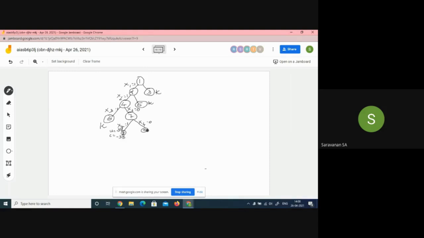So I'm not including x4 here, right? Then what will happen for node 9? Here the cost is, just you can see here x1 is included, x2 is included, x3 is not included, x4 is also not included. So only the first 2 items are included, right?